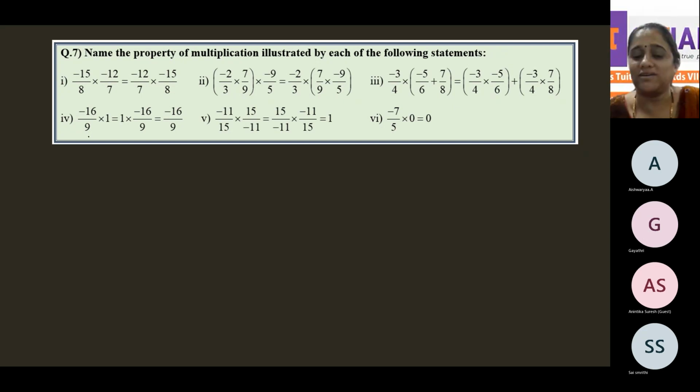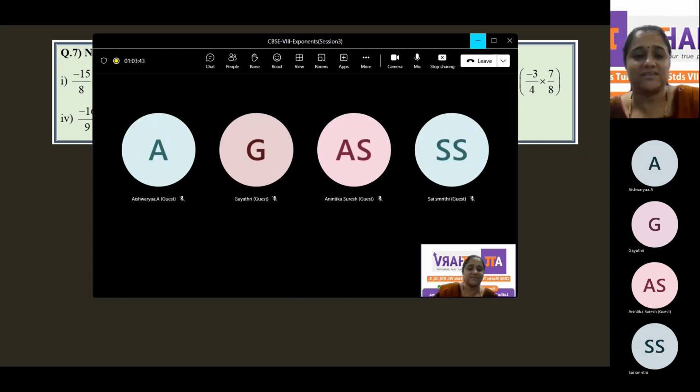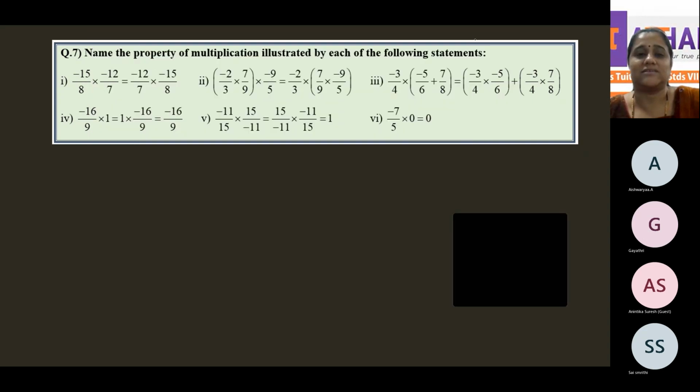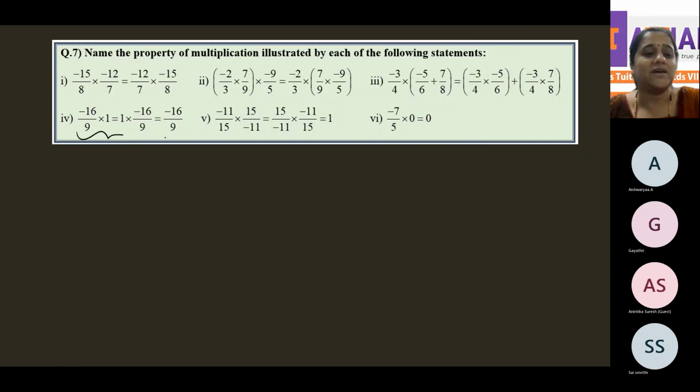Why does it take this long to agree or disagree? Yeah, she's right. Multiplicative identity of rational numbers. Yes, next one. Okay, not Gayatri, I'll not ask you. Who can tell me the next one, fifth one, Shreya?